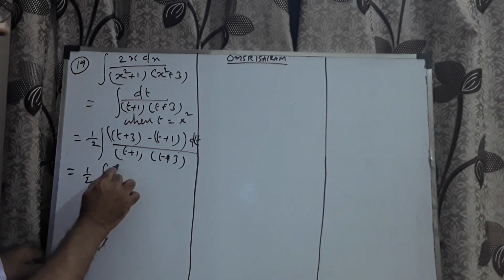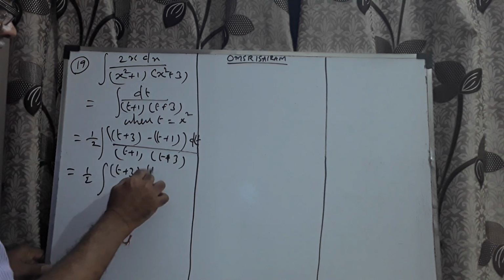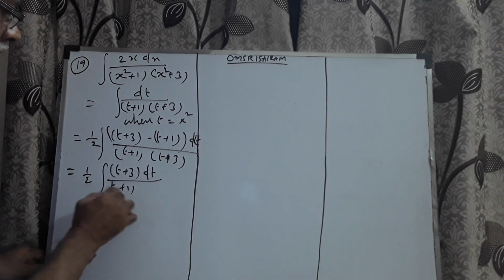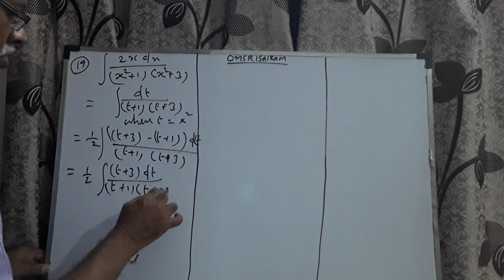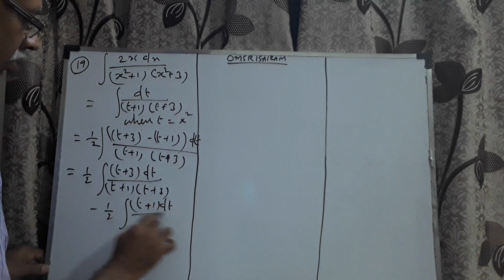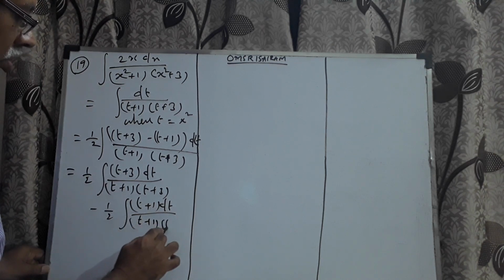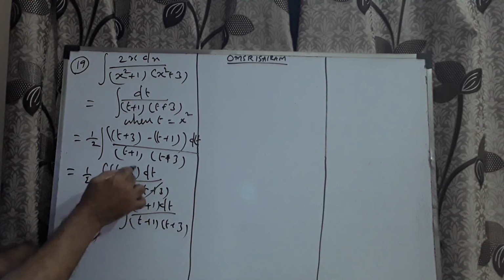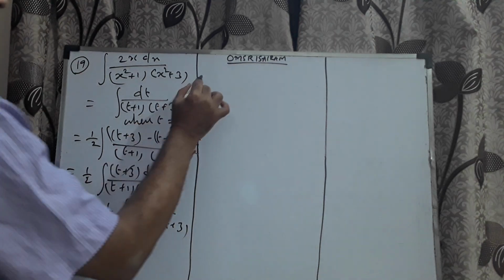Make it as 2 integrals: half integral t plus 3 dt by t plus 1 into t plus 3, minus half integral t plus 1 dt by t plus 1 into t plus 3. Here t plus 3 gets cancelled, here t plus 1 gets cancelled.